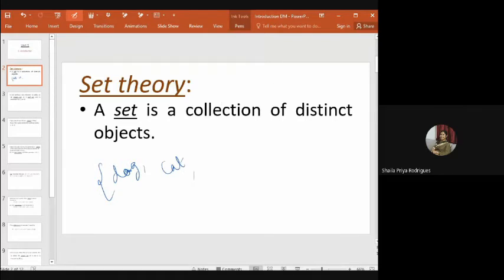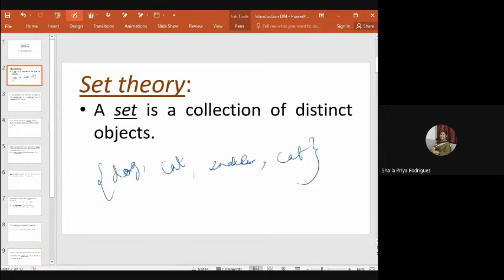Can you see what I'm writing? Is it legible? Yes, ma'am. Okay. A dog, a cat, a snake, and a cat again. Now look at the definition and look at the set I've written.